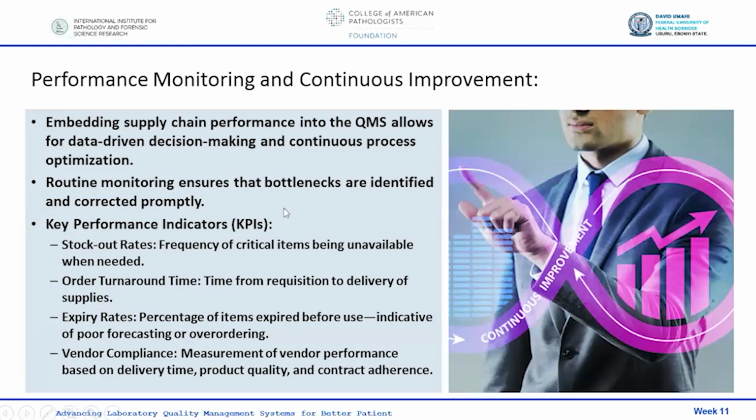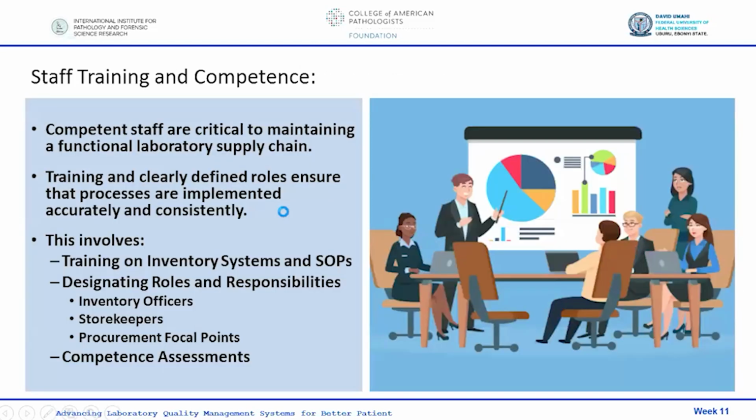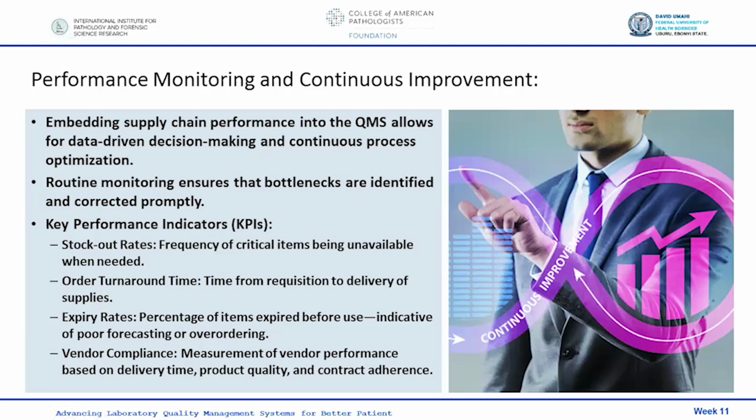Let's look at performance monitoring and continuous improvement. Embedding supply chain performance into the QMS allows for data-driven decision making and continuous process optimization. It is important to monitor routinely as this ensures that bottlenecks are identified and corrected promptly.